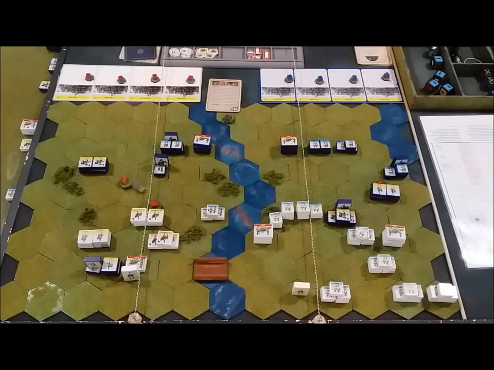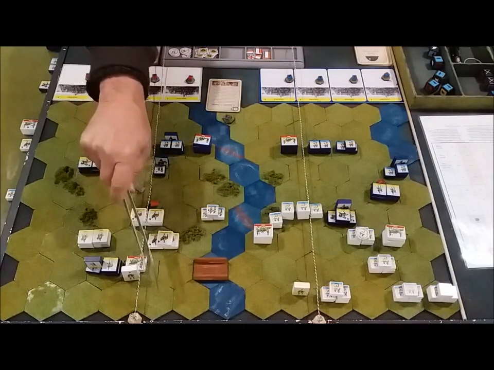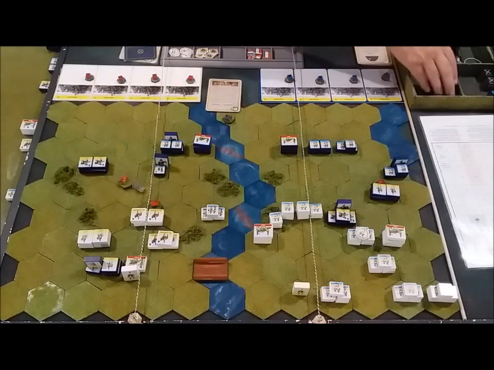Do they want to ignore it? Does it matter if they ignore it? It doesn't matter, because if we're going to retreat 1, oh yeah, we don't want to ignore it. Sorry, we do want to ignore it.